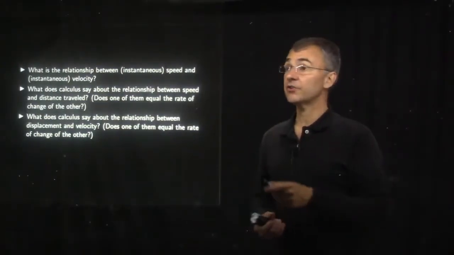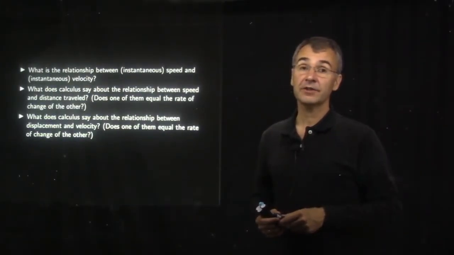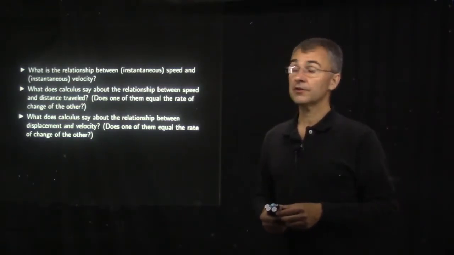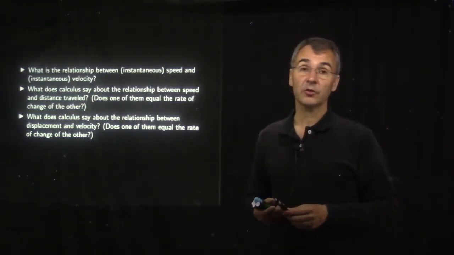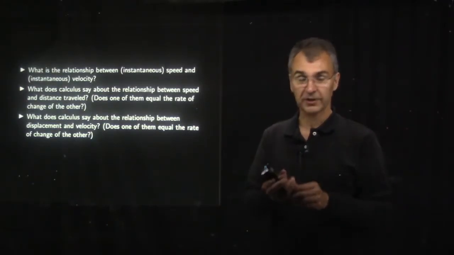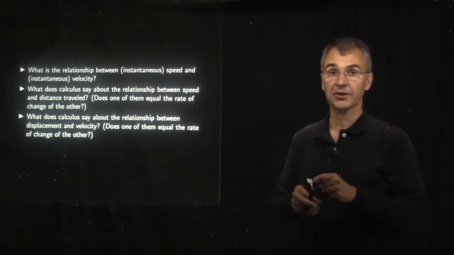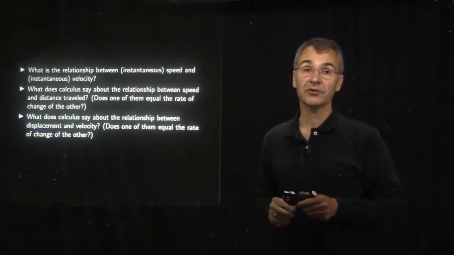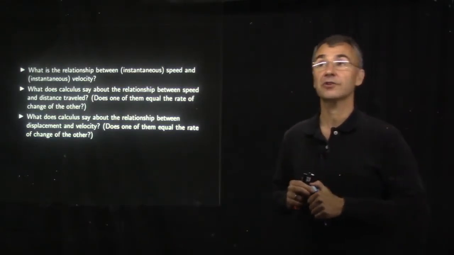What is the relationship between speed at a given instant and velocity at a given instant? Well, speed is a scalar quantity. It does not have a direction associated with it. Velocity is a vector quantity. It does have a direction associated with it. And the speed at a given instant is the magnitude of the velocity at that instant.